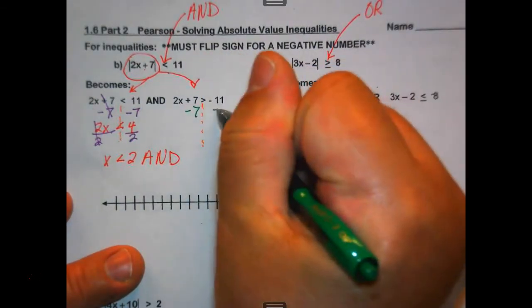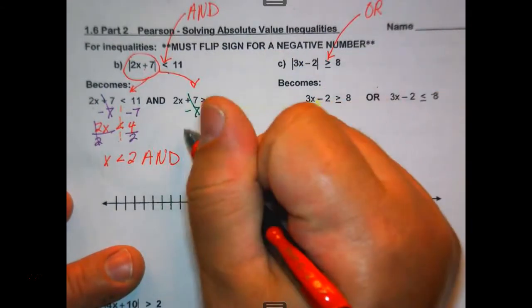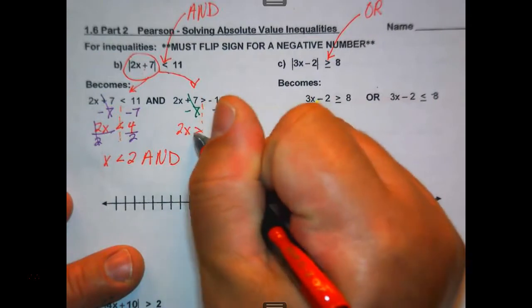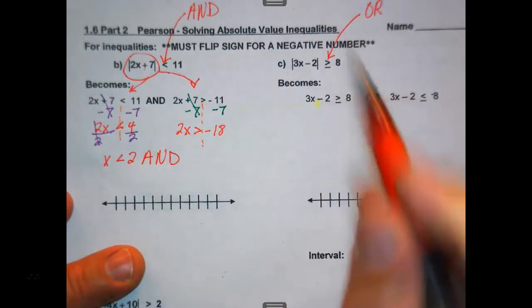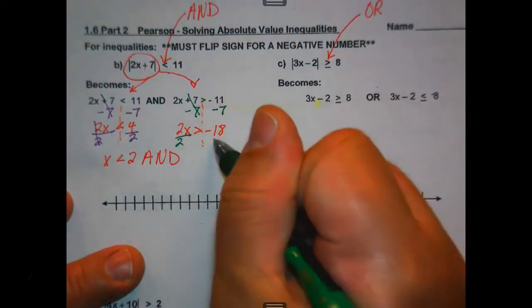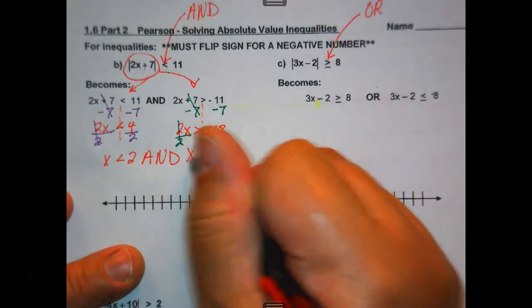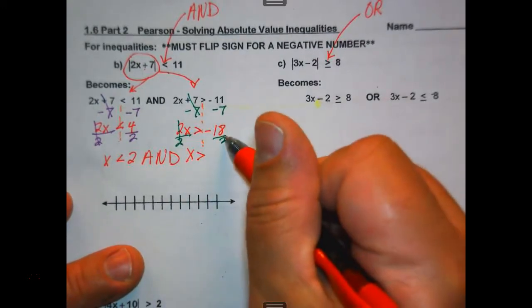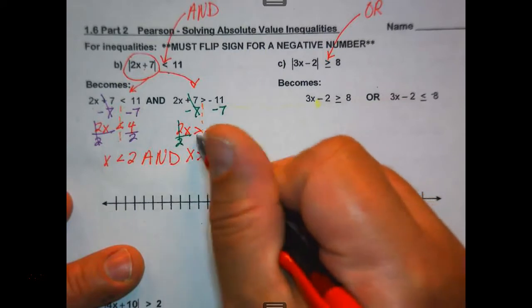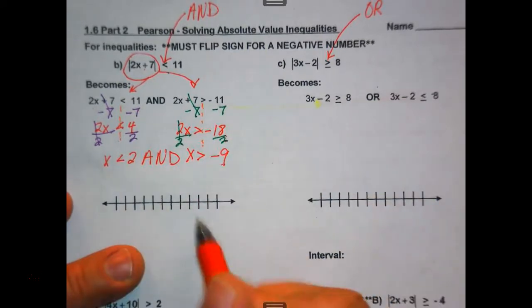Subtract 7, subtract 7. I get 2x is greater than negative 18. Divide by 2. And I get x is greater than, I'm dividing by a positive number, so keep the sign the same, negative 9. See how I have to flip these now?